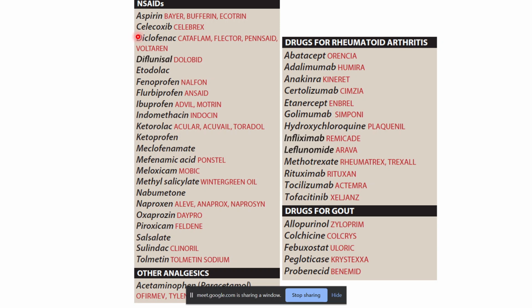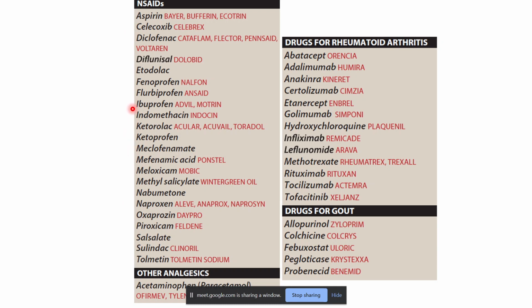And Celebrex is the brand name of the celecoxib. Can be used to reduce the adverse effects of the NSAIDs. And there are a lot of other drugs that are in this group.